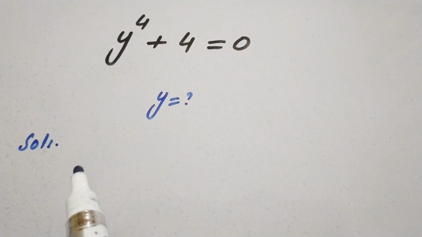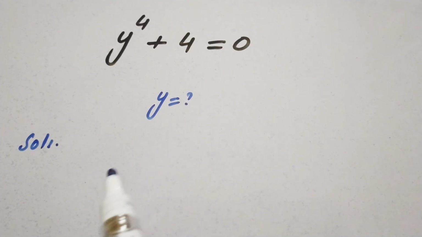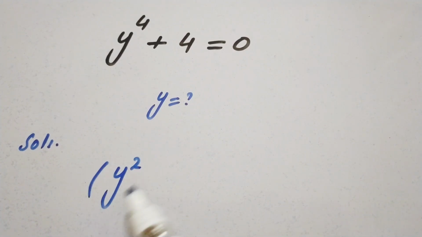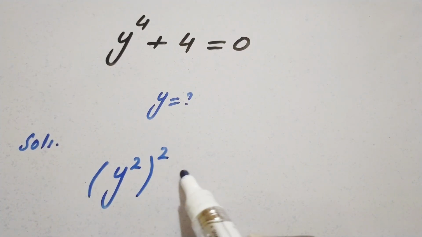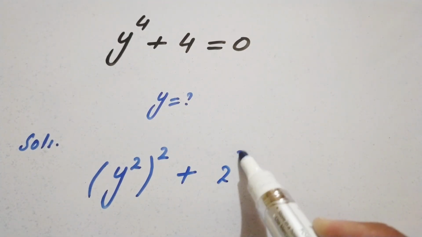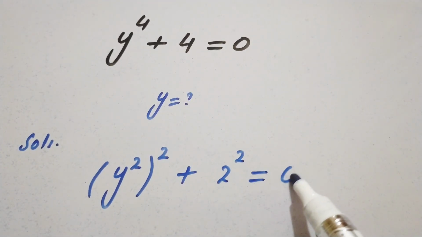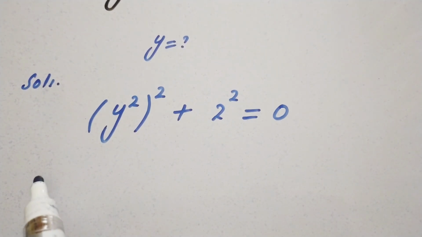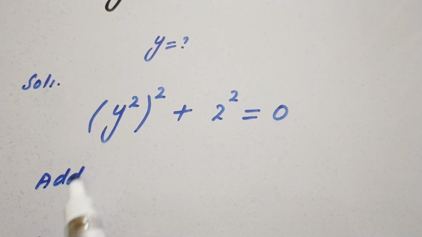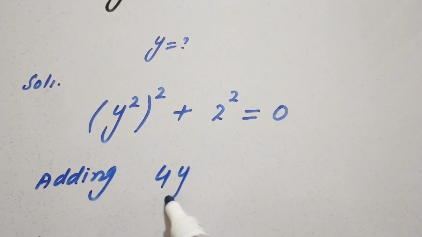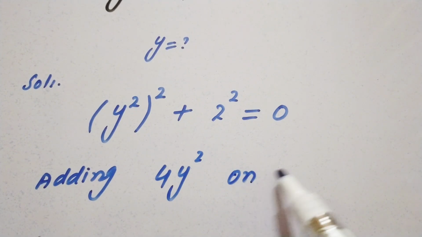As y power 4 plus 4 is equal to 0, we can write this as y square whole square plus 2 can be written as 2 square is equal to 0. Adding 4y square on both sides.